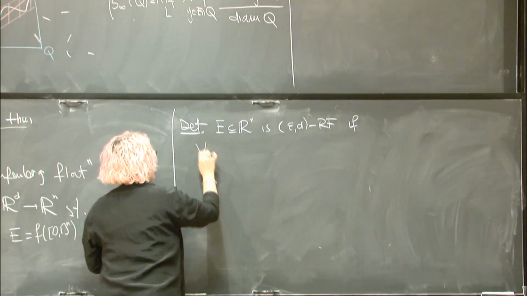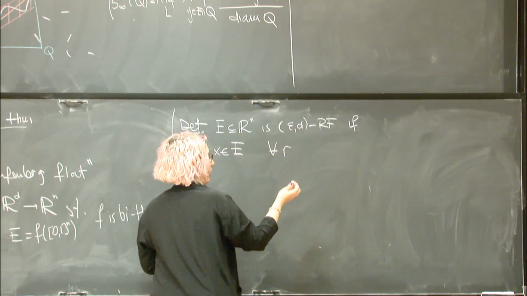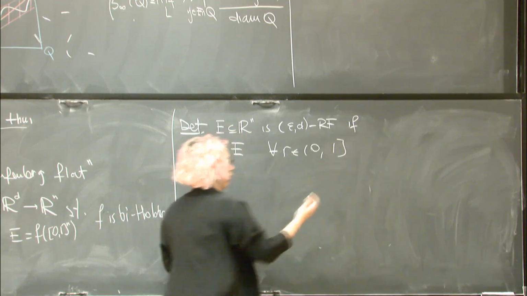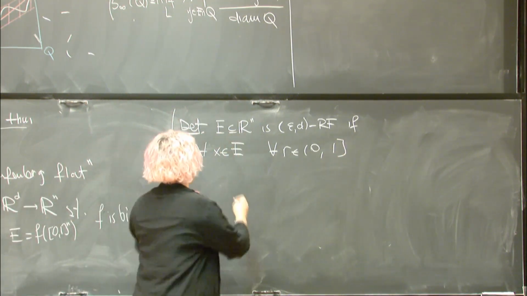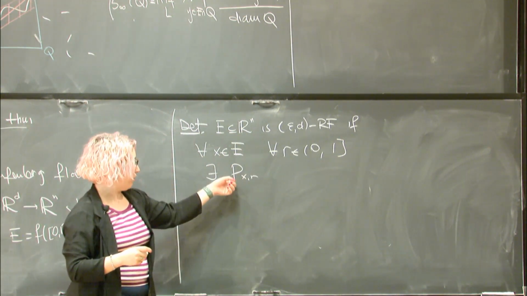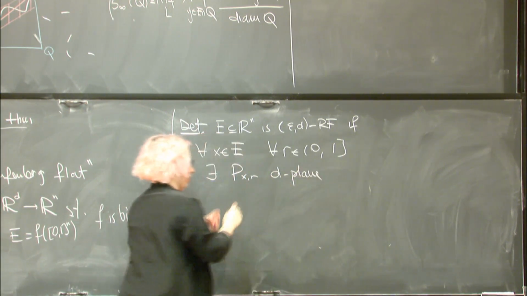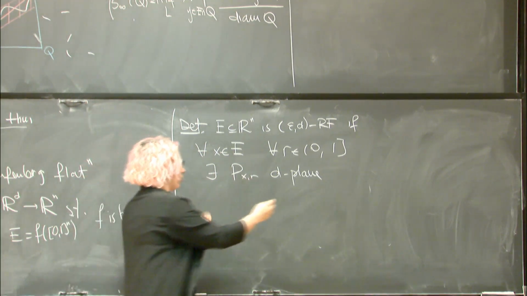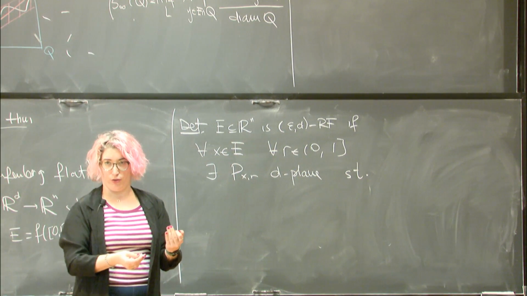So I want that for every point in E, and for every finite scale, I don't want to go all the way out, there exists a plane, right? So this is a d-plane in R^n, indexed on points in E and scales, such that locally I'm very close to it.